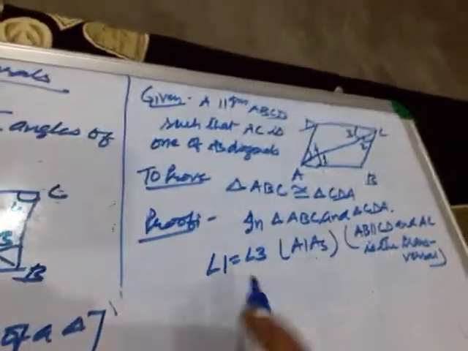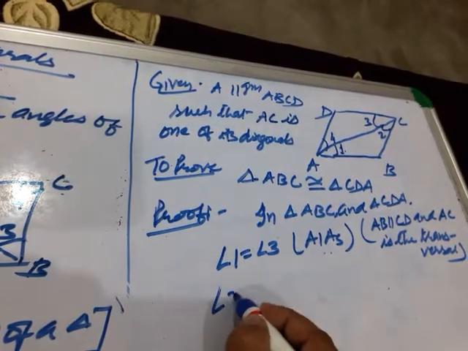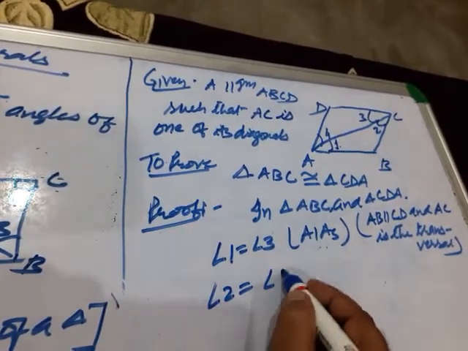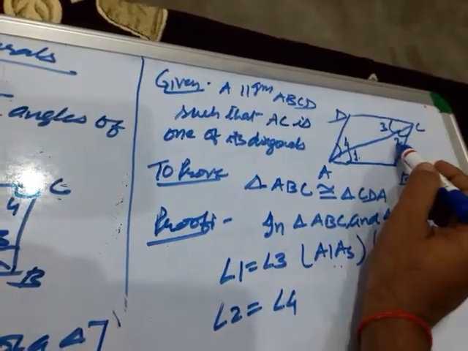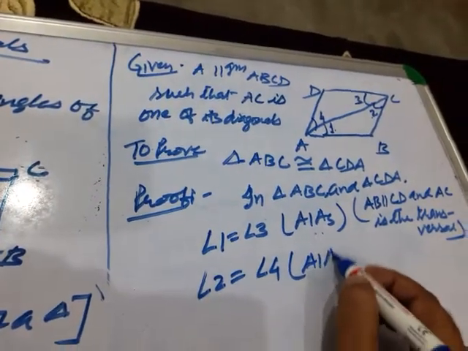Clear? And what else? Angle 2 equals angle 4, meaning this angle equals this angle. It is again alternate interior angles. Why?